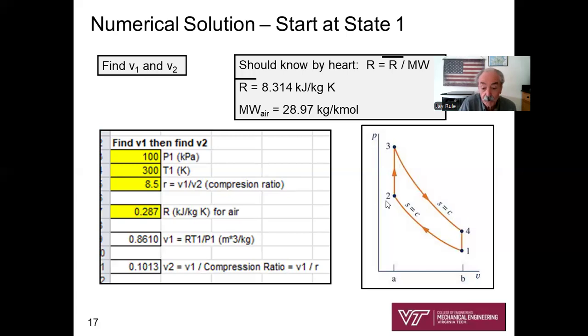So what's v2? Little v2 is 0.1013, which is v1 over r. So it's 1 over 8.5 times v1. I calculated it with units. Shame on me for not putting units on v2, cubic meters per kilogram.